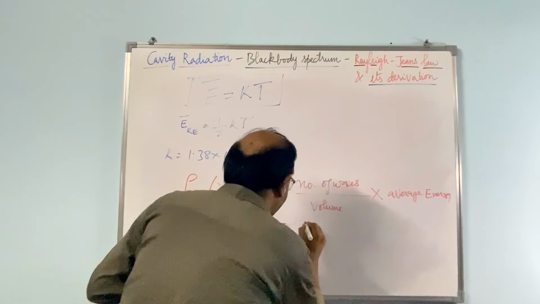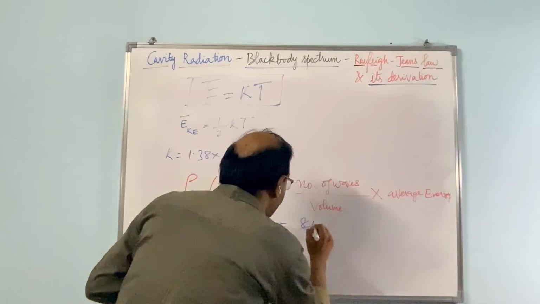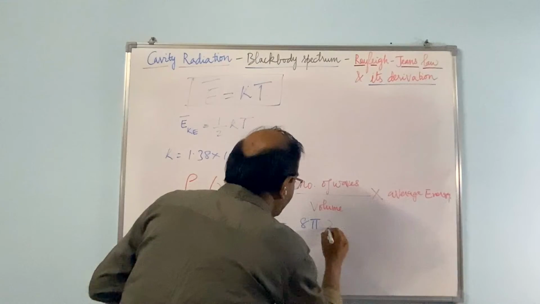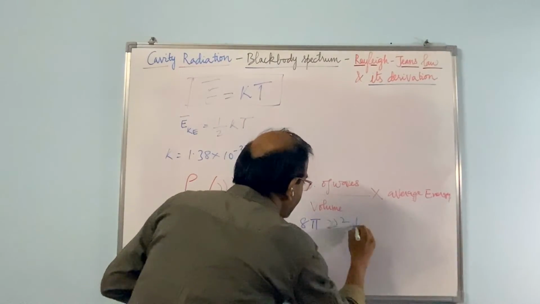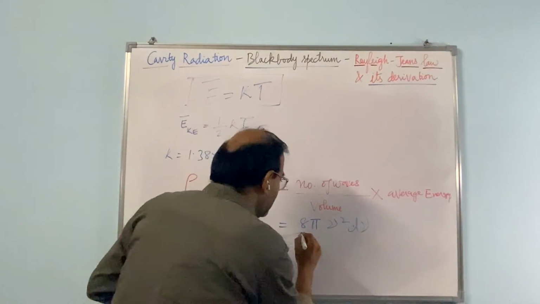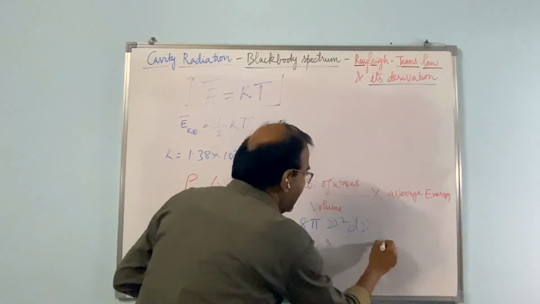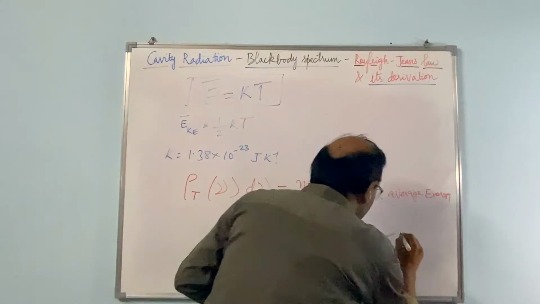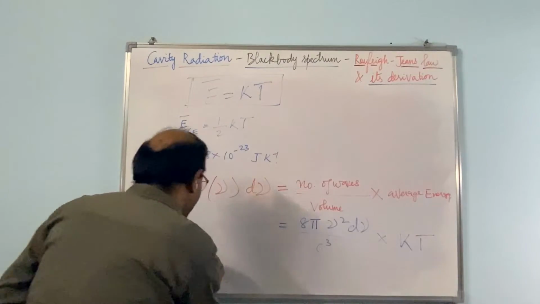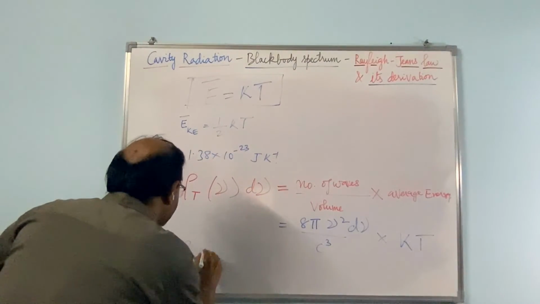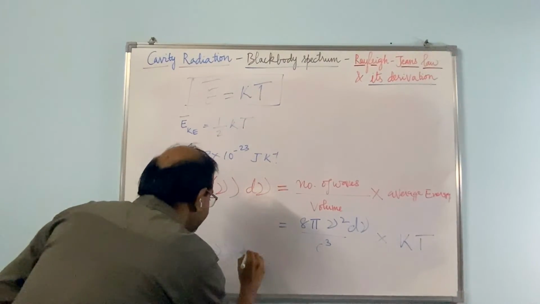So we know from our earlier discussion, the number of waves per unit volume we calculated as 8 pi nu squared d nu over c cube. And this one, if we multiply with kT now, we get what is called the expression for the Rayleigh-Jeans law.